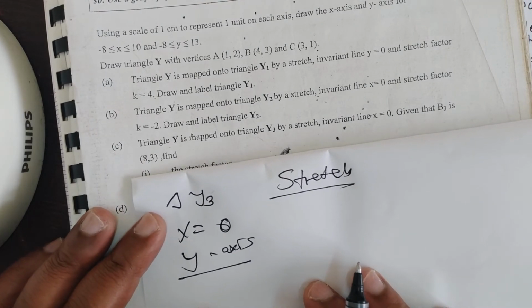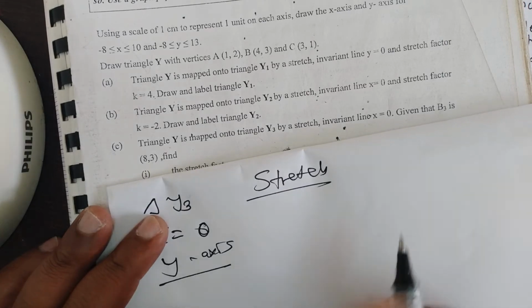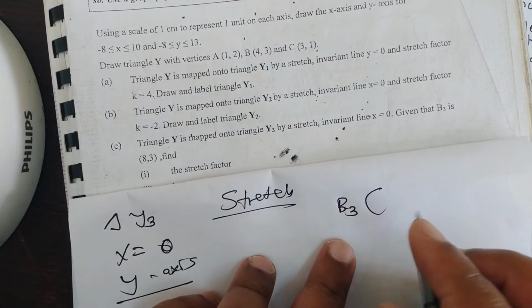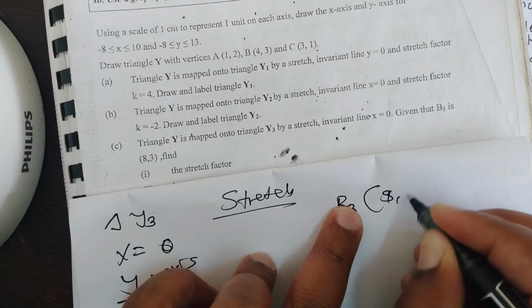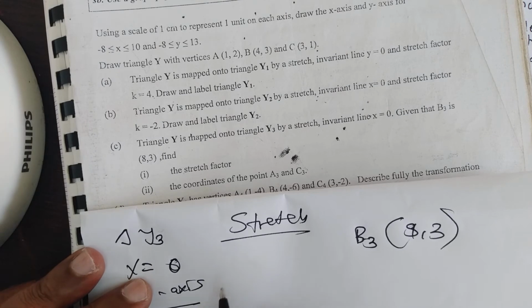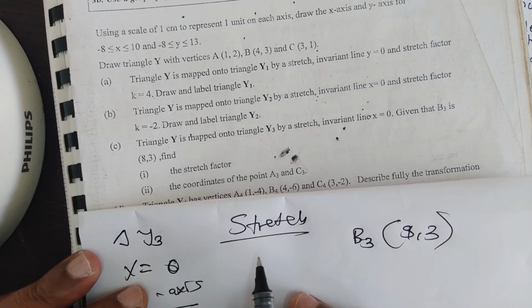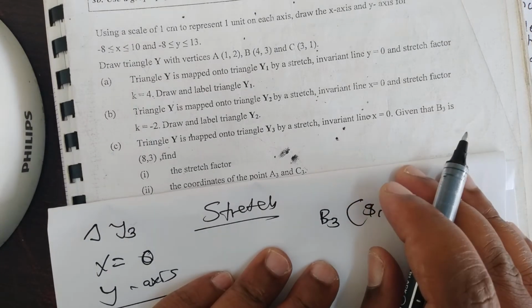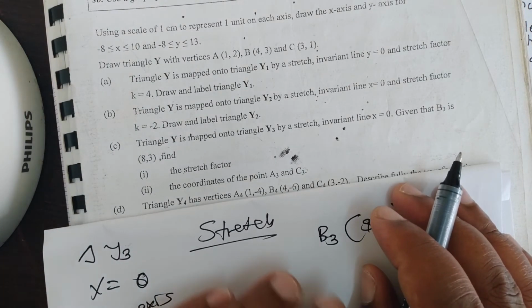Given that B3 is equal to 8 comma 3. Now let's find the stretch factor and the coordinates of A3 and C3. Where possible, we can even draw it, but I think there is no need. We have not been asked to do that.